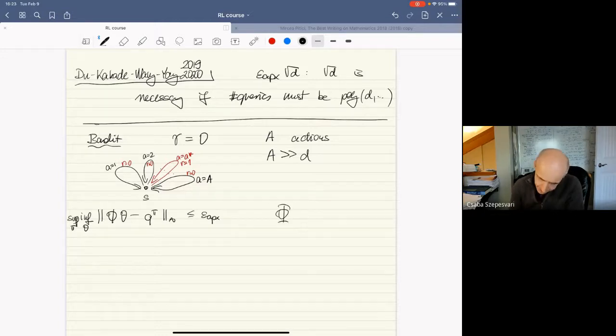So let's fix this epsilon, and then I'm going to modify this set. Here I'm hiding a reward which is just big enough that it's going to be critical to find it. So does there exist some feature map such that this holds?